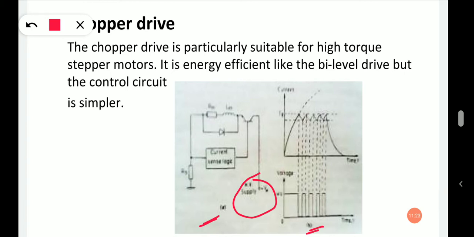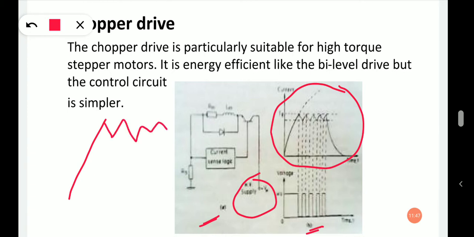As soon as the current reaches about 2 to 5% above the rated current, the voltage is cut off, allowing the current to decrease exponentially. So if you see the waveform of current, it is increasing in the first part, then oscillating for some period, and then it is decreasing exponentially.